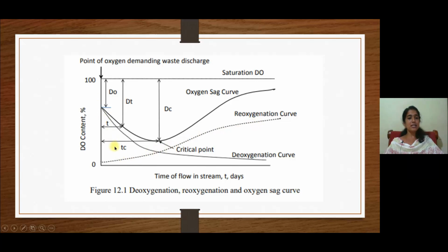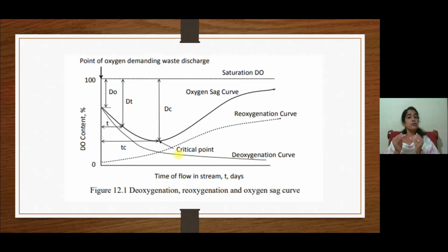And you can see the reoxygenation curve. In the reoxygenation curve, the dissolved oxygen content will be very low in the initial stages, and after traveling a long distance and after traveling for a time t, the oxygen mixes again with the dilution water and enters the water, and the dissolved oxygen content in the dilution water will get increased due to the reoxygenation.